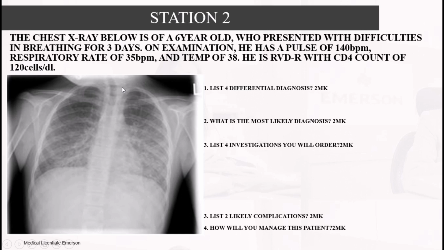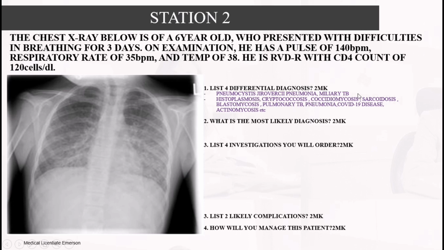For differentials, we have the first one, pneumocystis jirovecii pneumonia, miliary TB as the second one, and then we have histoplasmosis, cryptococcosis, coccidioidomycosis, sarcoidosis, blastomycosis, pulmonary TB, pneumonia, COVID-19 disease, actinomycosis. If you just get the first 4, then we're all done.